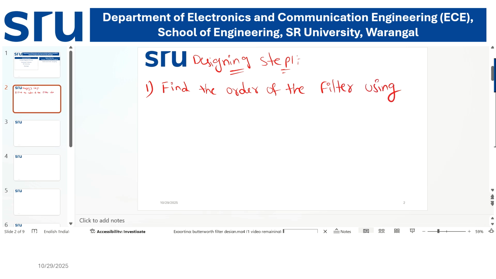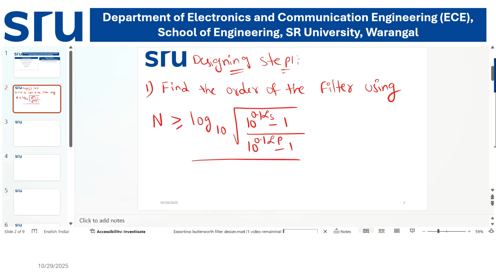using the formula n is always greater than or equal to log base 10 of the square root of (10^(0.1 alpha s) minus 1) divided by (10^(0.1 alpha p) minus 1), divided by log base 10 of omega s by omega p.